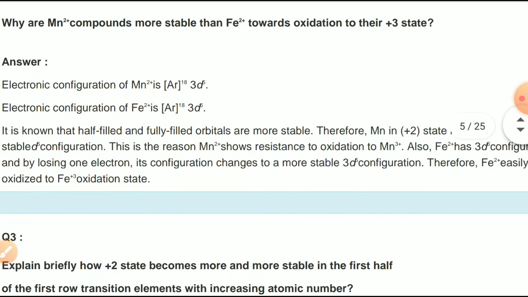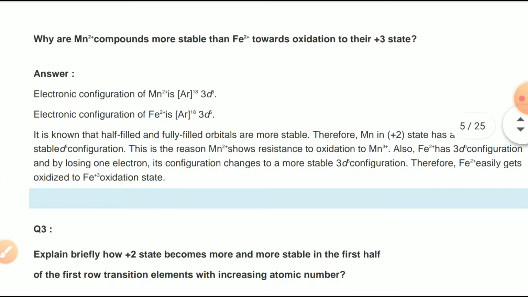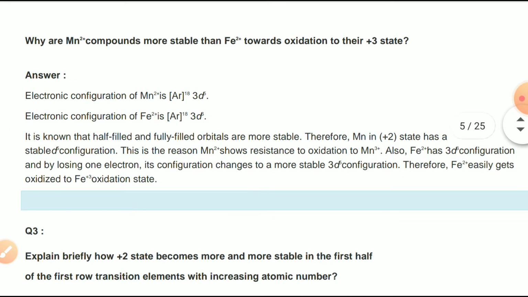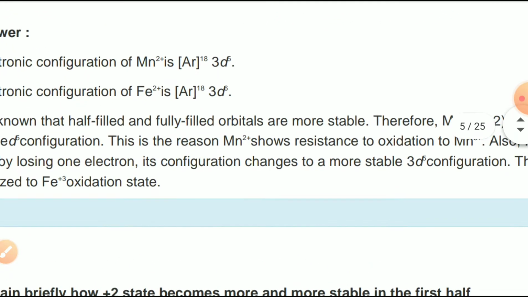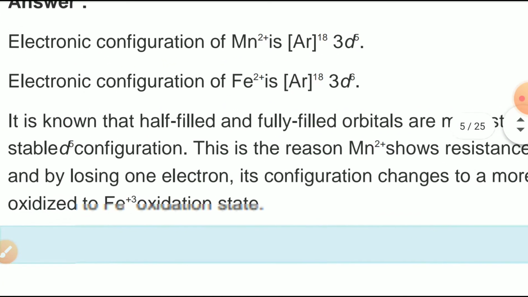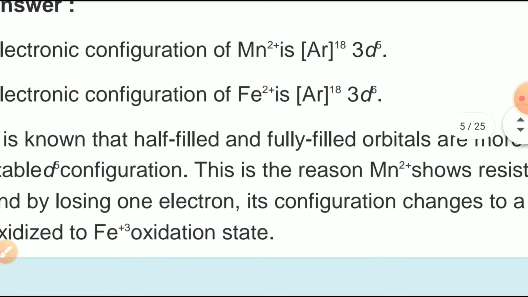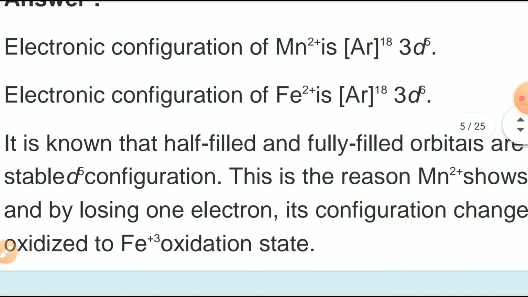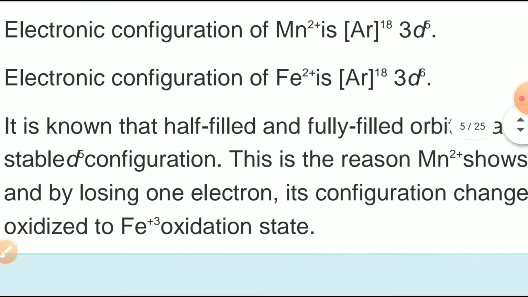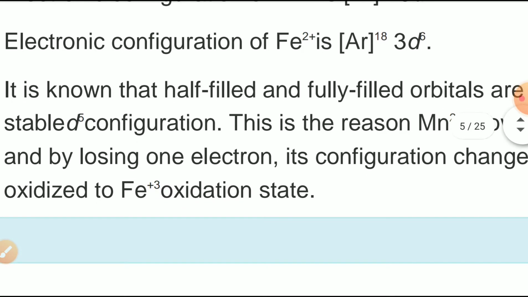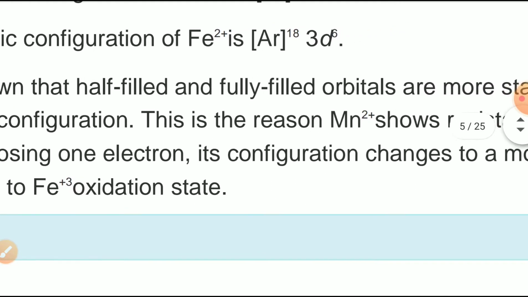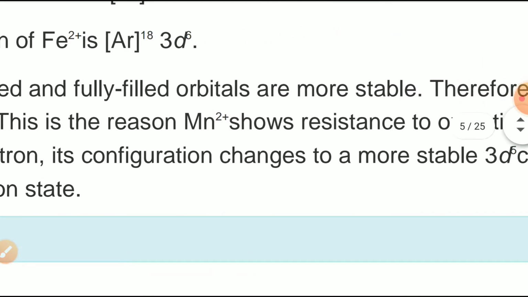So here the answer given in this case: the electronic configuration of manganese 2+ is Ar 3d5, and the electronic configuration of Fe2+ is Ar 3d6. So it is known that half filled and fully filled orbitals are more stable.